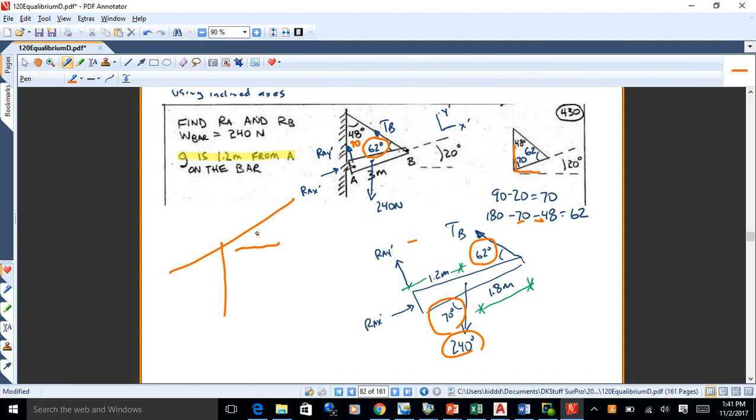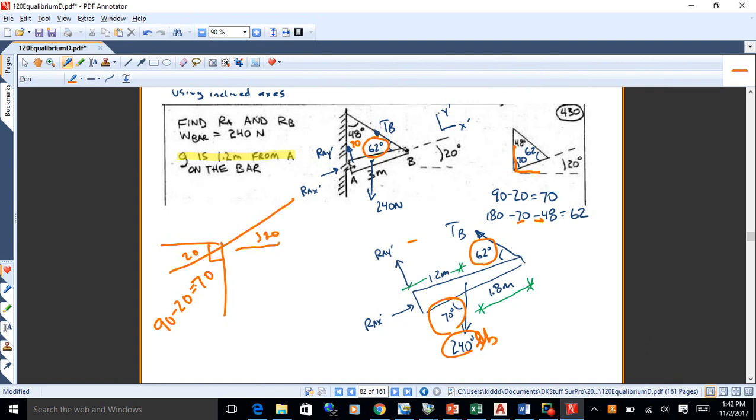That's 20 right there, right? So if that's 20, this is 20, and that'd be a 90, so this would be 70, which would be 90 minus 20, or 70. All right. So that gets me those angles that I need.